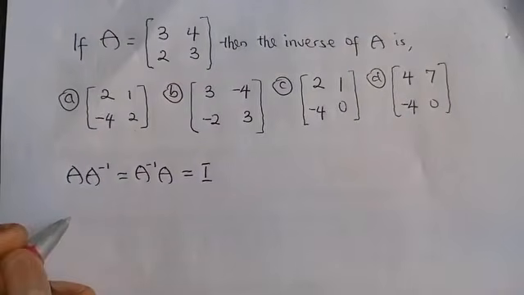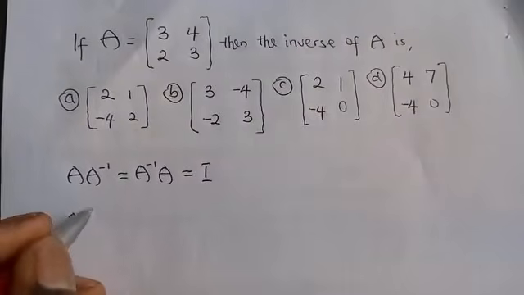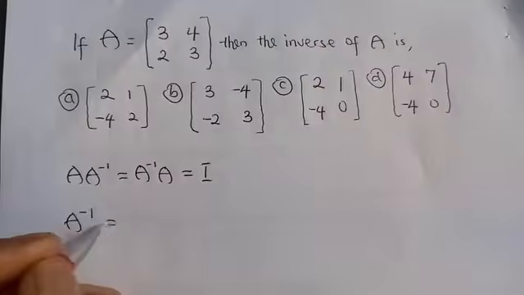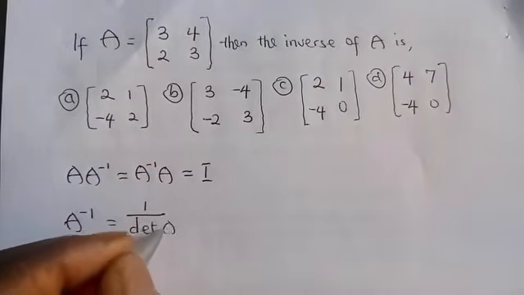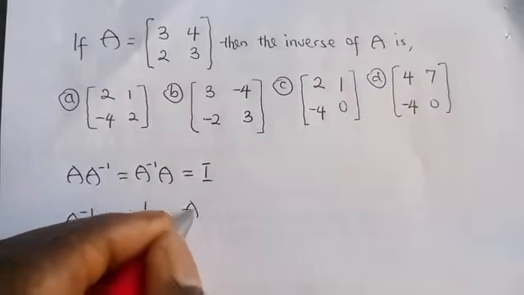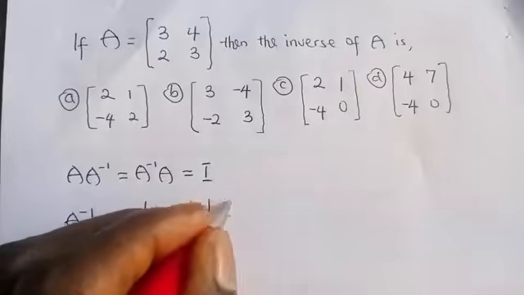The inverse of a matrix can also be represented by 1 over the determinant of that matrix multiplied by the adjoint of that matrix.